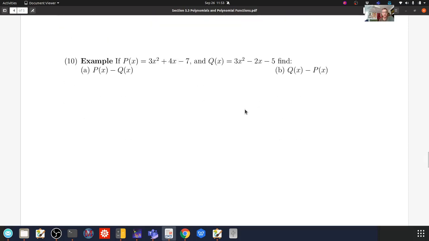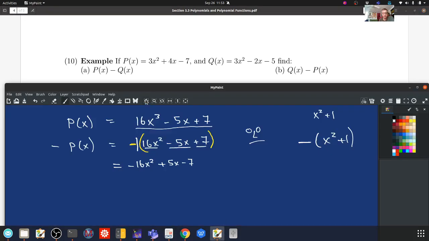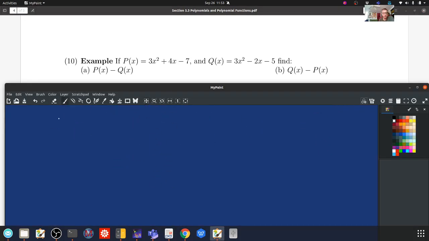So let's do this one, 10 and 11. So my p of x is 3x squared plus 4x minus 7. That's my p of x.